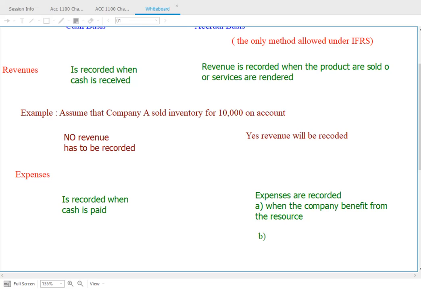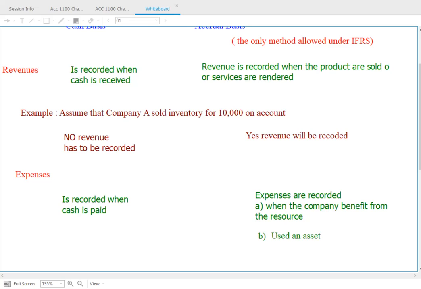The second situation in which we can record expenses is when the company used an asset. Every time the company uses an asset, the used part is recorded as an expense. So under the accrual base, the expenses are recorded under two situations.